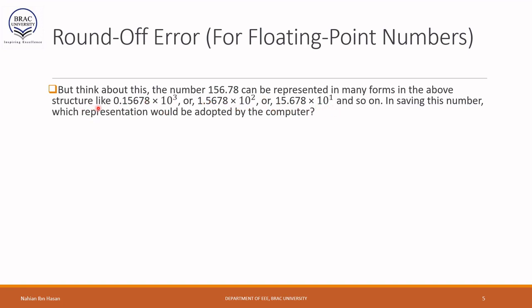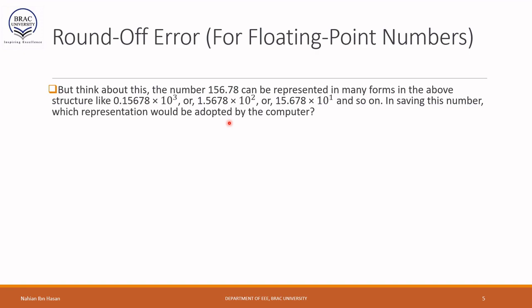So all of these representations are valid for this floating point number. So which representation does our computer use? It has an infinite number of possibilities to save this number.